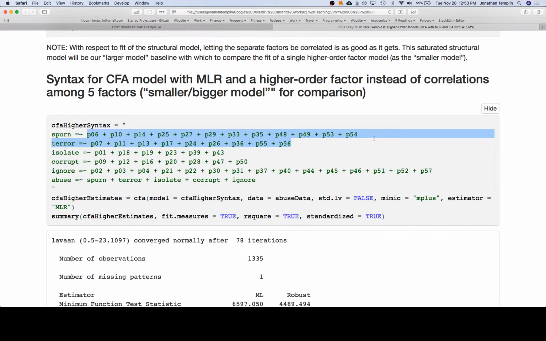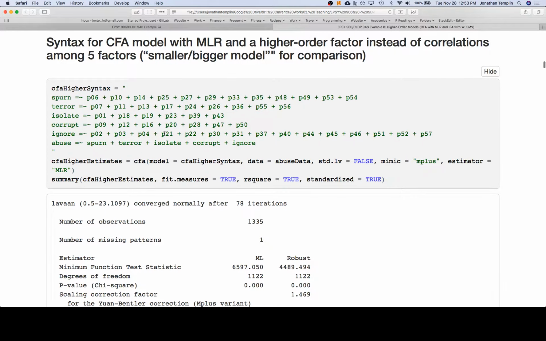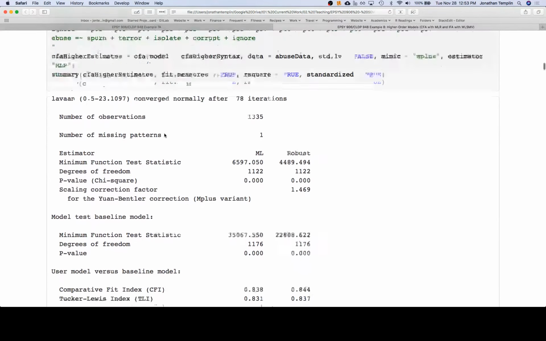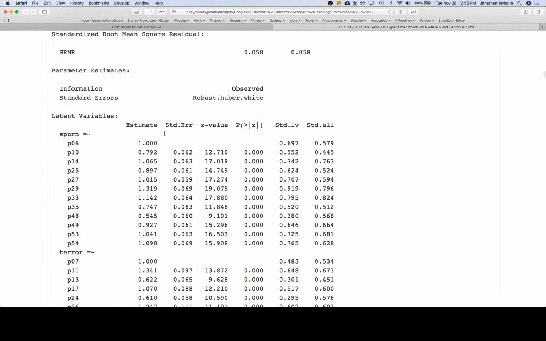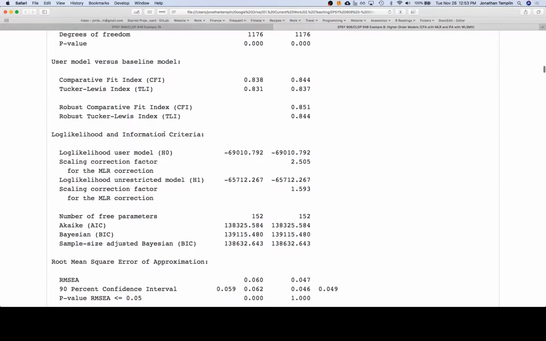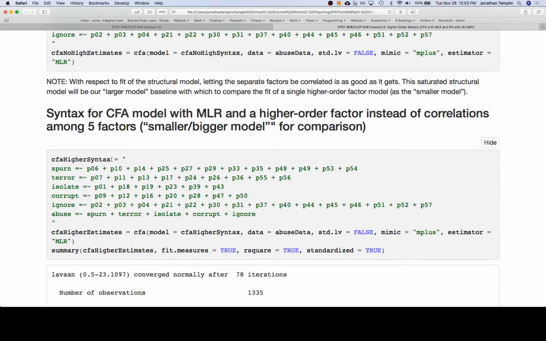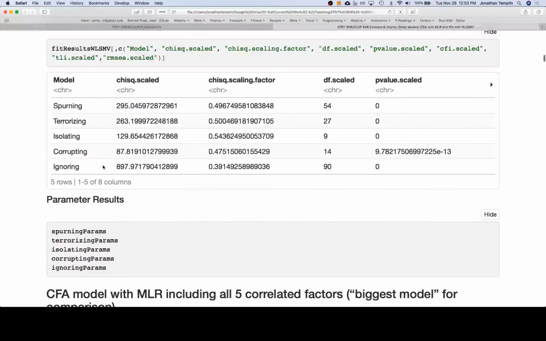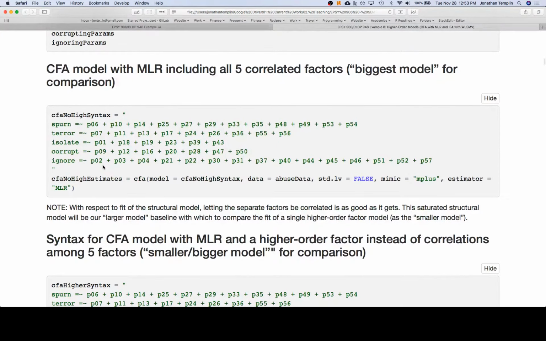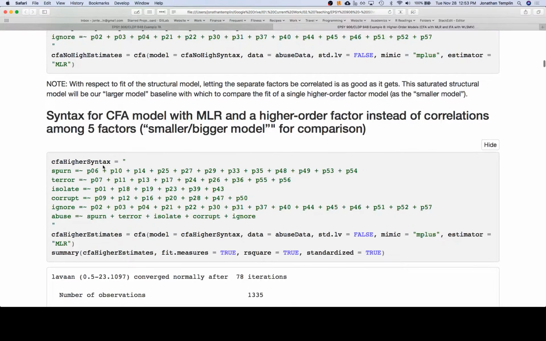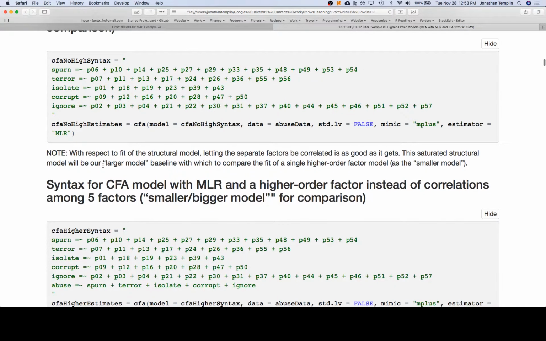Those are all the names of the items. They start with P for whatever reason. Okay, now we look at our output. Question: it says 49 items at the top, but there are items like P57 and P51.